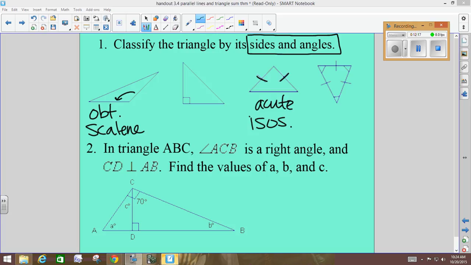All right, my second one, your third one. Jack, what'd you get for this triangle? Good, it's a right triangle because it has the 1 right angle. And then it's scalene, none of the sides are marked congruent. Awesome. Brady, how about the last one there?